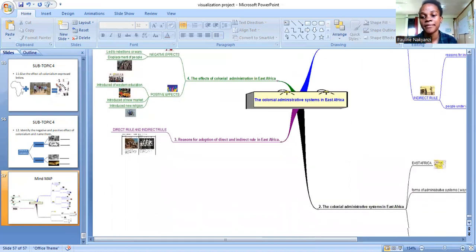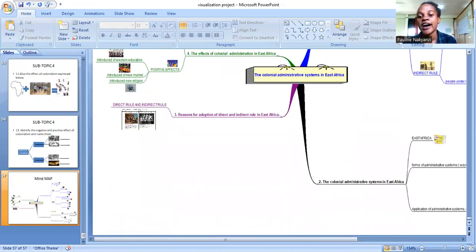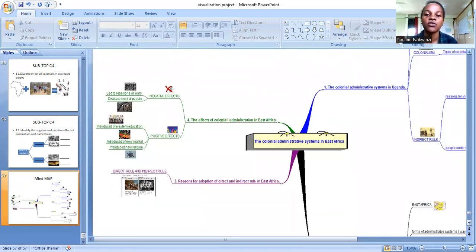Then the second hand has the colonial administrative systems in East Africa. The third hand has the reasons for adoption of direct and indirect rule in East Africa. And the fourth has the effects of colonial administration in East Africa.